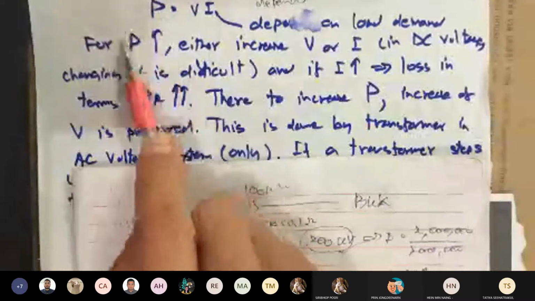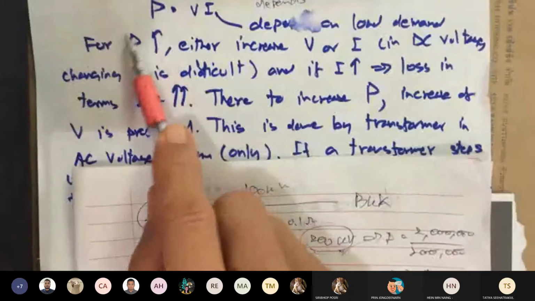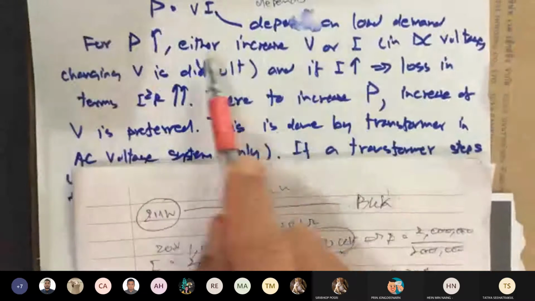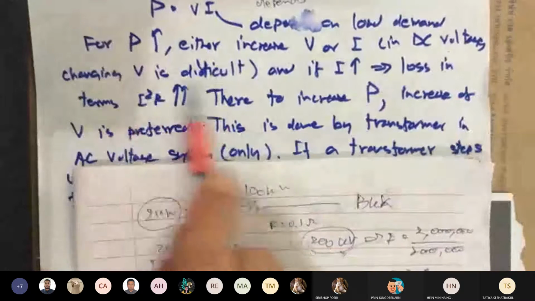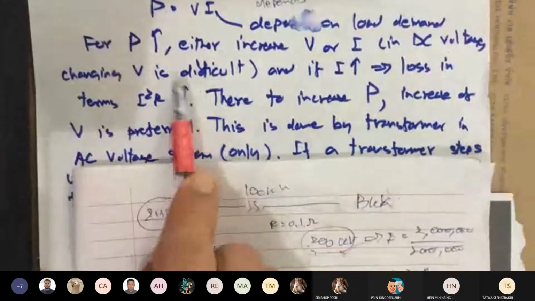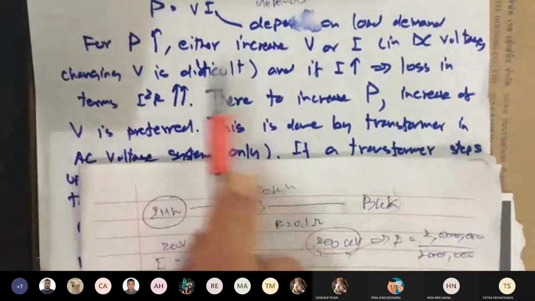So to keep the loss at a minimum while P is increasing, you can either increase the voltage or the current. But in DC, changing the voltage is difficult, especially during Edison's era. Difficult and expensive. Even today, it's still very expensive to do.